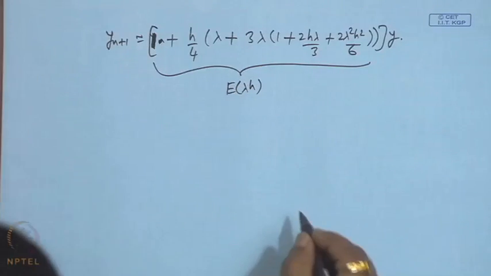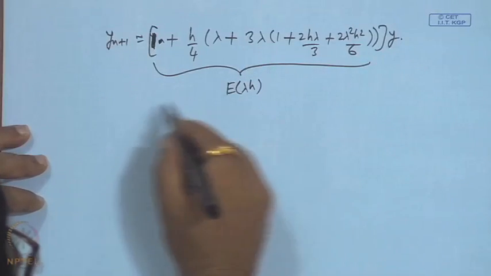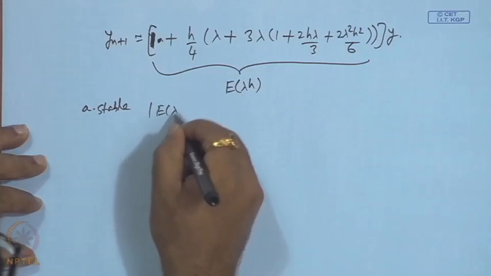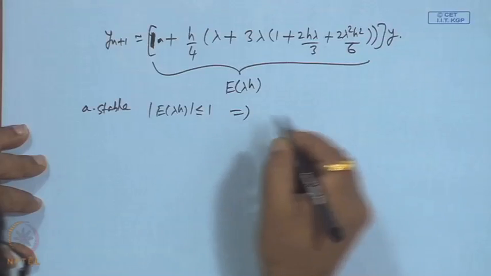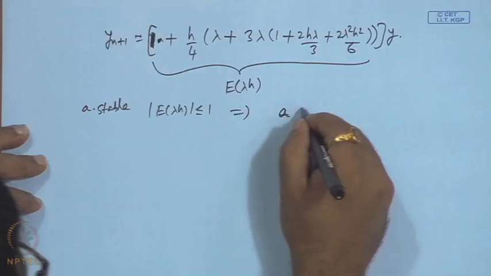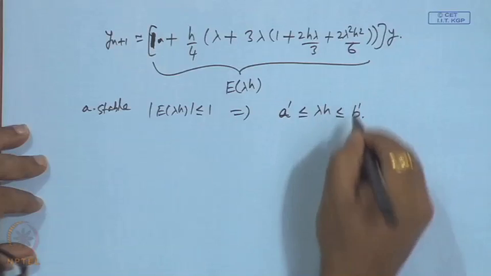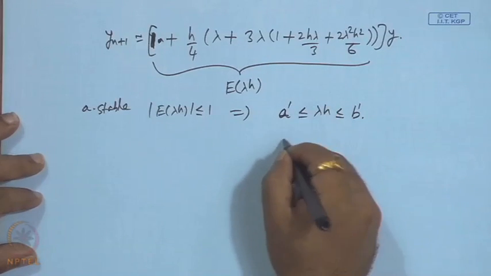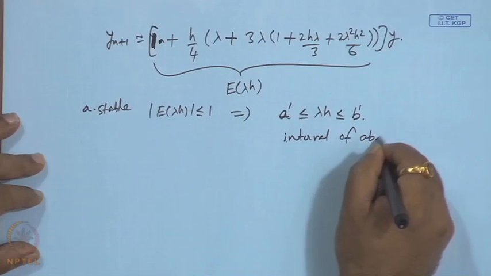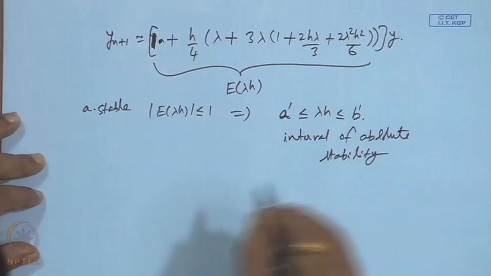which is slightly complicated. So, we can simplify a bit, and for absolute stability we must be able to get some a prime and b prime. Okay. So, this will give the interval of absolute stability.